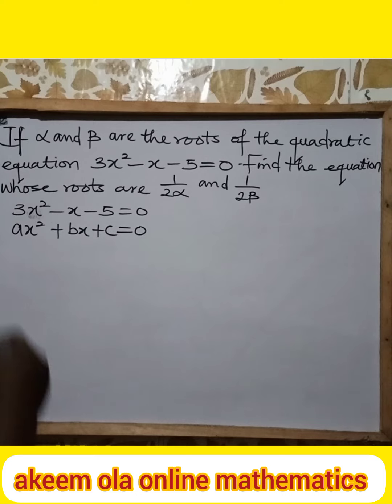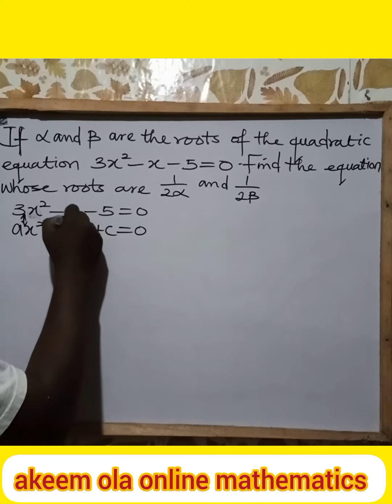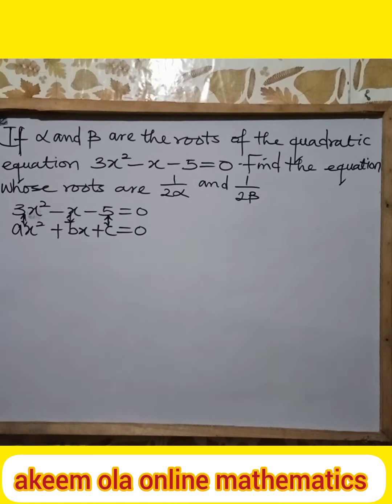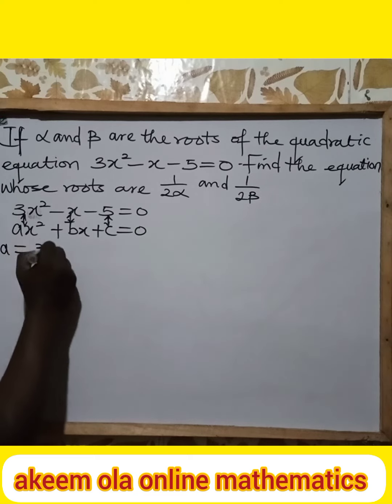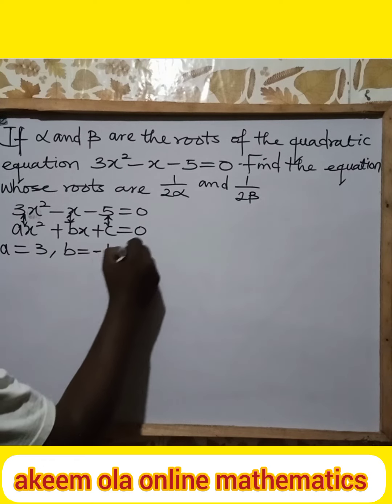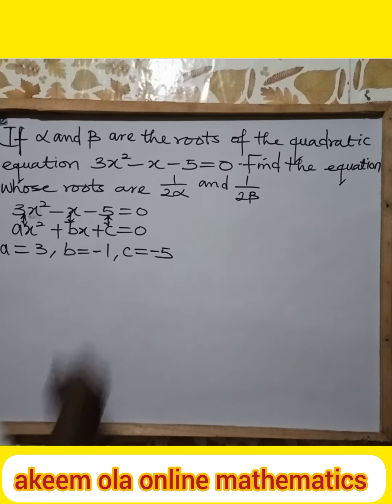Comparing the two equations, we observe that our a is equal to 3, our b is equal to minus 1, and our c is equal to minus 5.